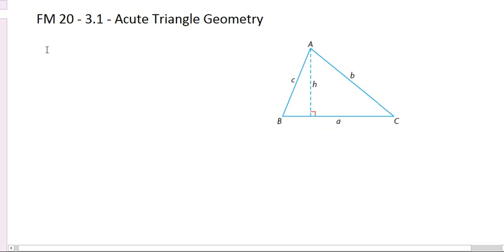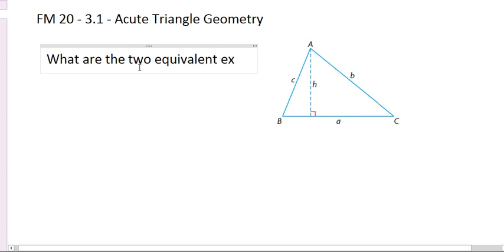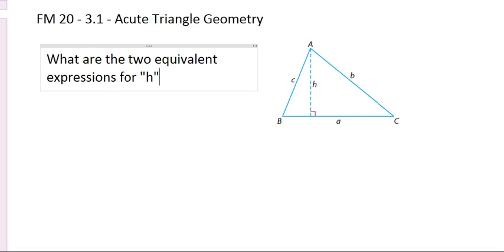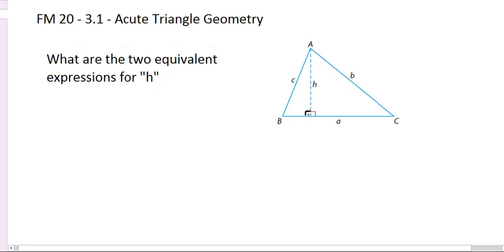The question we're going to be answering is this: what are the two equivalent expressions for H? In this diagram, that's a right angle, and this is a right angle, so I can use SOHCAHTOA.